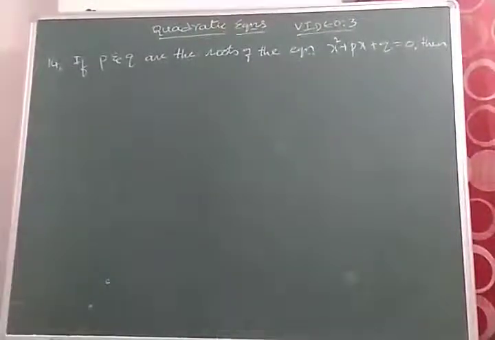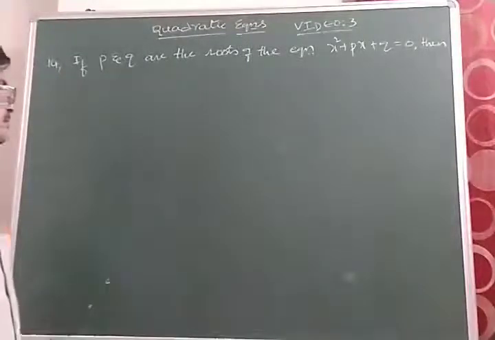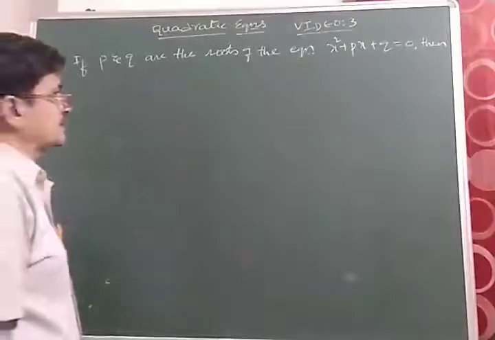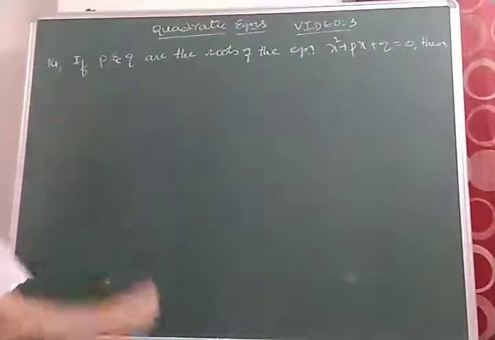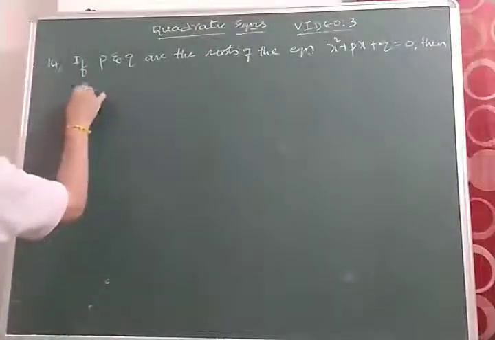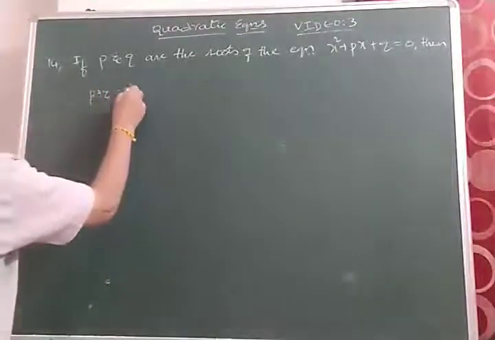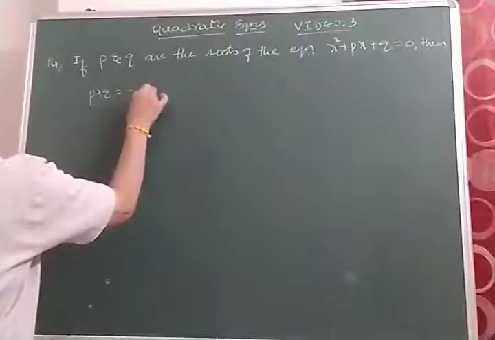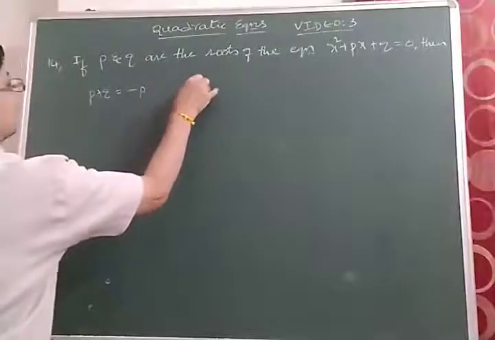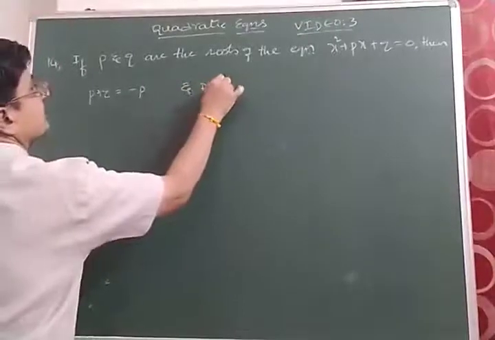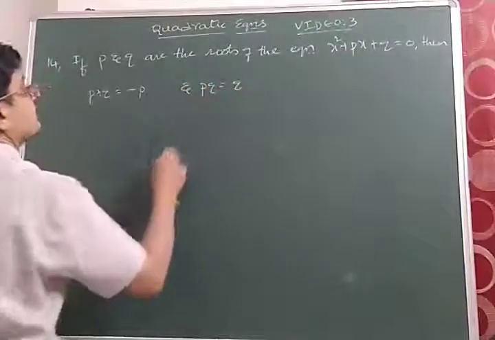Question number 14. If p and q are the roots of the equation x square plus px plus q is equal to 0, then what are the values of the roots? So the sum of the roots p plus q is equal to minus p, and the product of the roots pq is equal to q.